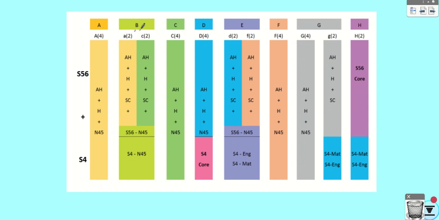The structure is exactly the same. 4 periods, 2 periods of A, 2 periods of C, really forming column B, and then the same 2 periods of D, 2 periods of E, really forming column E. But you've still got the same difficulties that you had to make sure of, and that was the problem in the options.